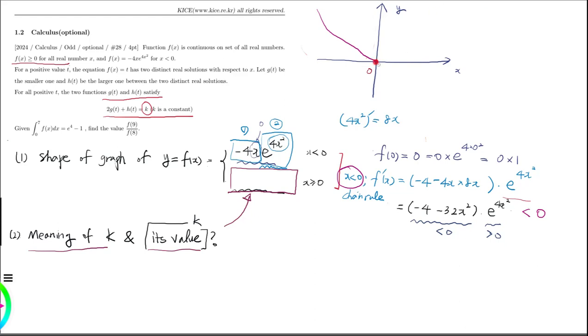We don't know whether the graph is tangent to the origin or not, but what we know is, since it's the negative function, eventually it will have some positive part for the domain of negative x.